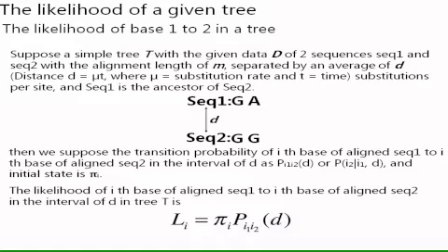So the likelihood we see G in sequence 1 and G in sequence 2 is calculated like that. We have the stationary frequency and also the transition probability as a function of the divergence time. So you all get that? Okay, if you guys follow this.